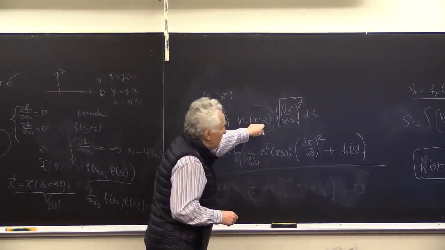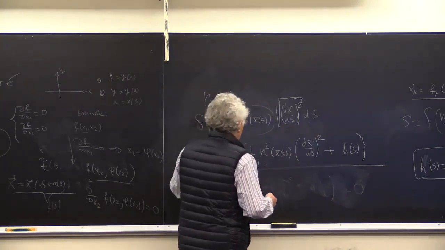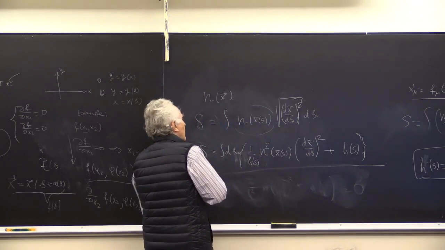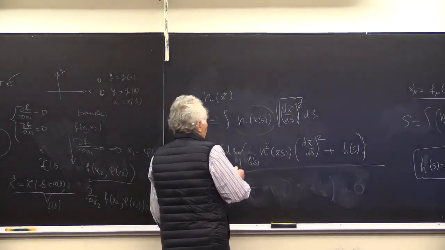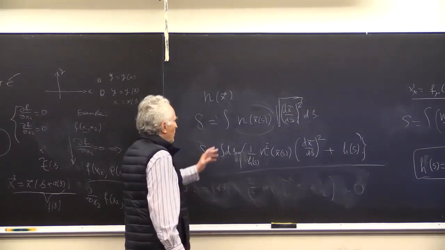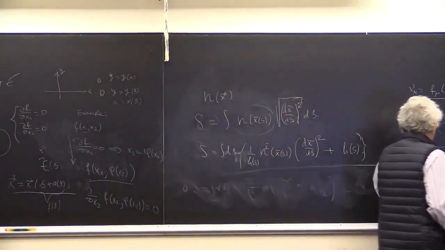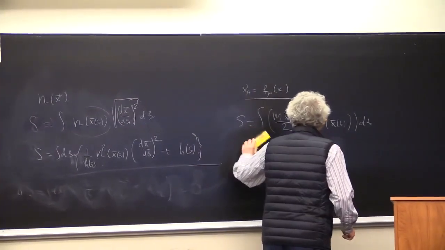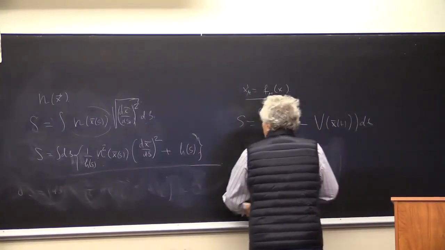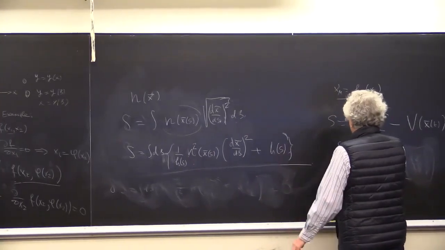And you can vary this thing and get some complicated equations, but we will see you can do a much easier thing also. Now this thing is invariant. Notice that this thing is invariant under reparametrization once again. Namely, let's look at the second term.